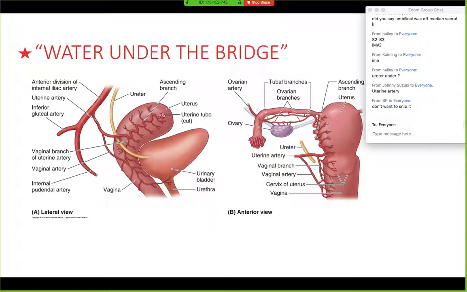You don't want to snip it when you're doing what? What would you be doing that you might accidentally snip it? So what is the structure right here?